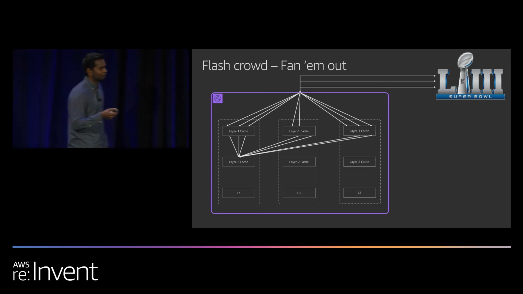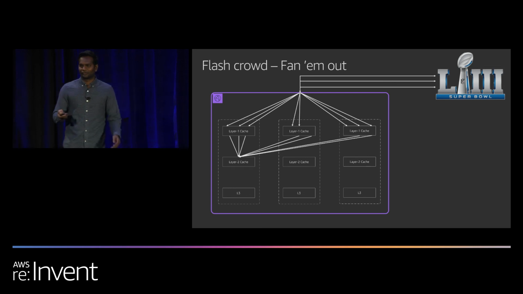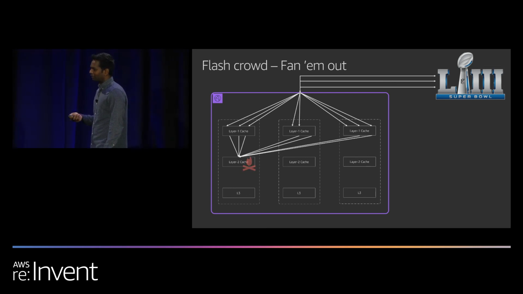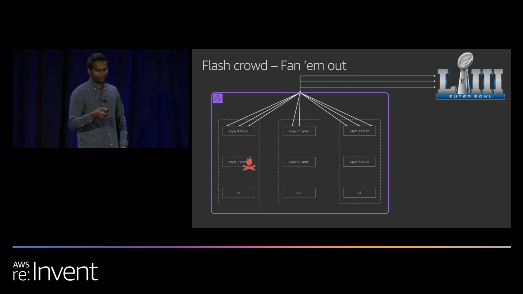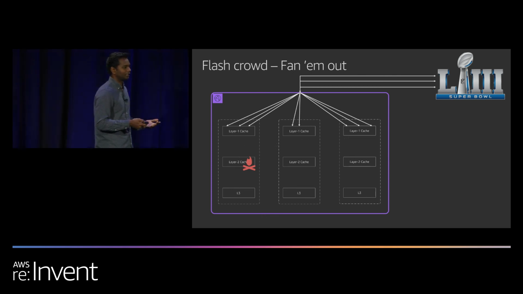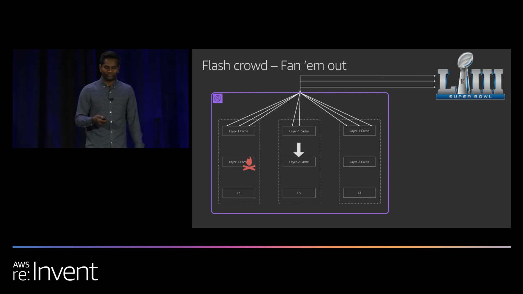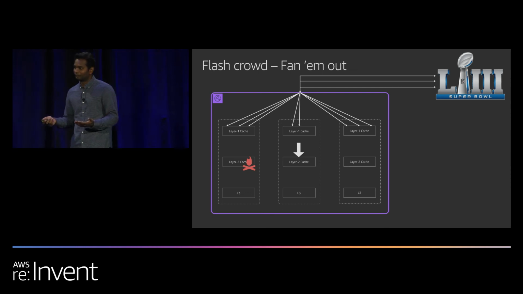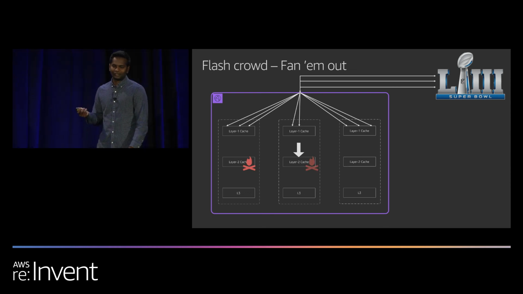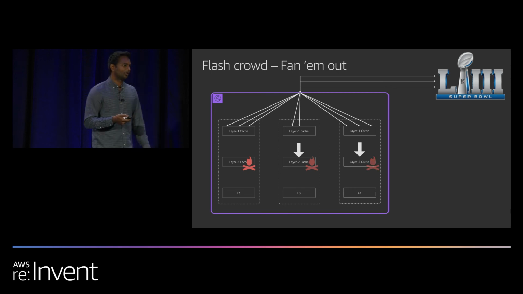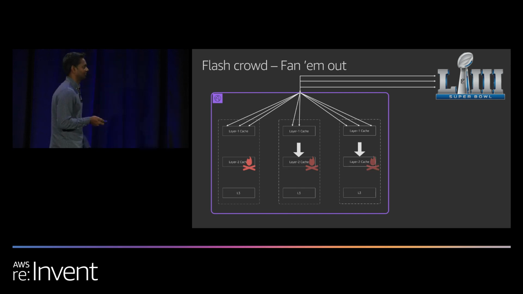But this optimization works against us this time because it's going to overload that L2 server if it's going to take all that load. That server is going to get overloaded by the L1 servers, and eventually it will not be able to handle any more requests. But the L1 servers are still trying to send the content back to our customers, so it will try to send the request to another available L2, and the same thing is going to happen to that L2 server, and it continues. This causes what we call a cascading failure inside our system.